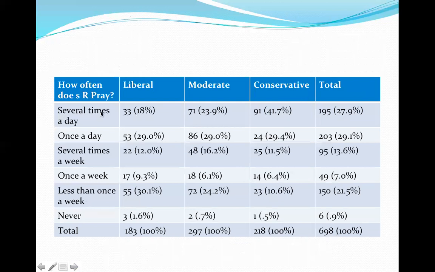And then when you look at the totals across the rows, we can, for instance, see at the end that 27.9% of respondents say that they pray several times a day. And so then again, how we would read this is that 18% of liberals surveyed said that they pray several times a day. So again, just practice in reading a cross tabulation.